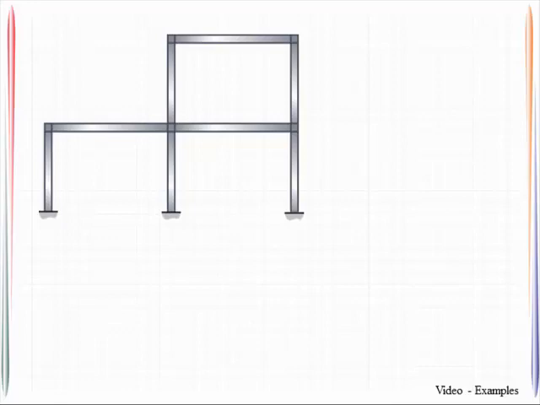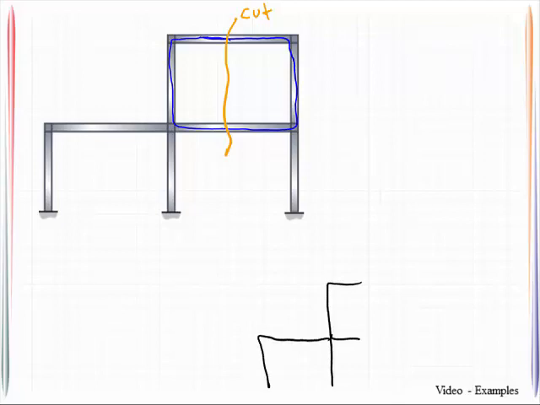Next structure is a frame. And the problem we have here is that we have what we call a closed loop. And we cannot assess determinacy when we have closed loops. So what we want to do is go ahead and cut that apart. And if we do that, we can get a free body diagram that looks like this.